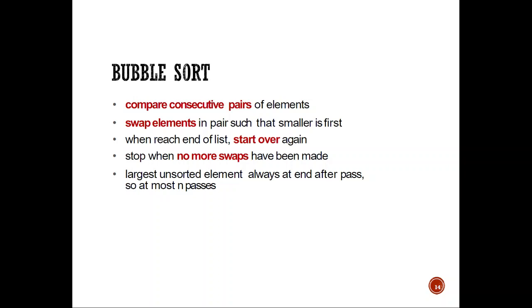We continue this until no more swaps have been made. So the largest unsorted element will always be at the end after each pass. So at most we will have n passes.